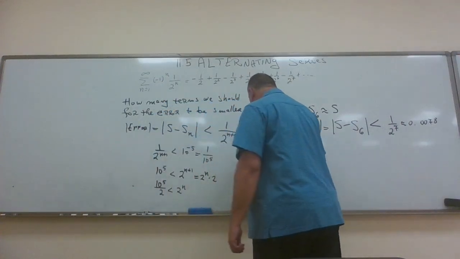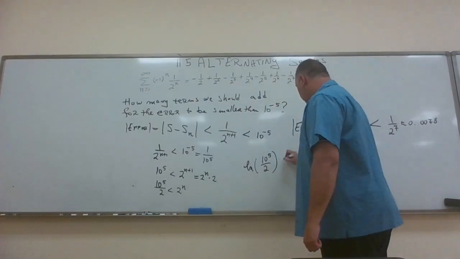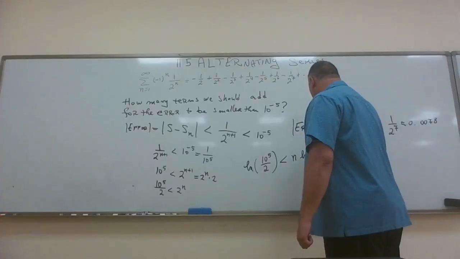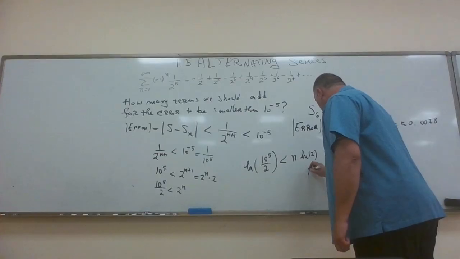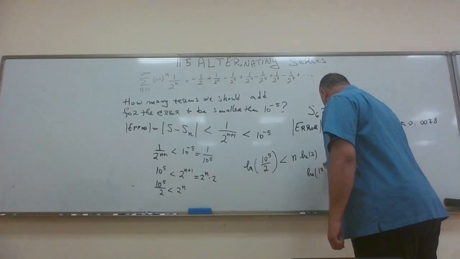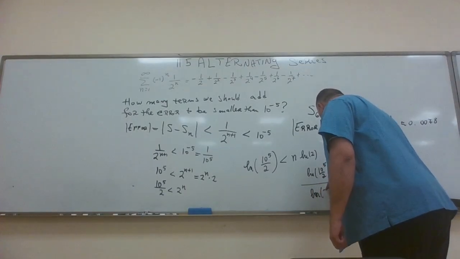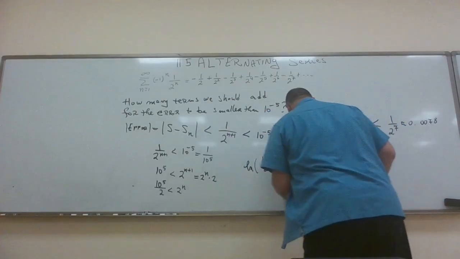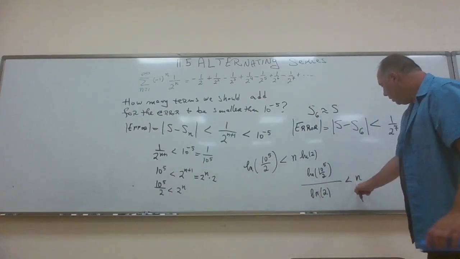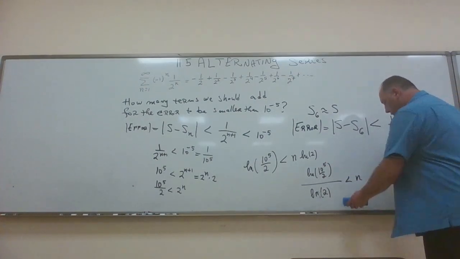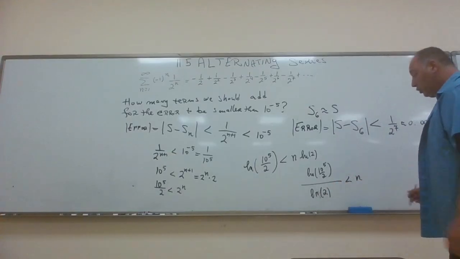So this means ln of this is smaller than n ln2, which means that this thing here divided by ln2. So n needs to be the number that comes out of here, the first whole number greater than this.